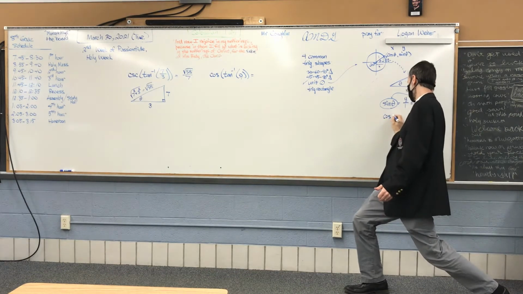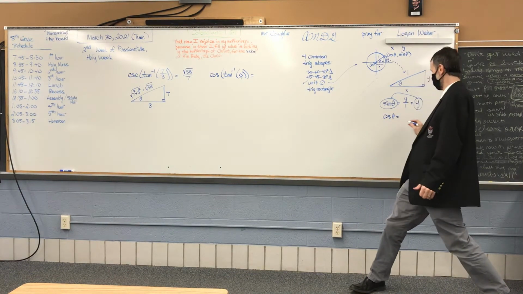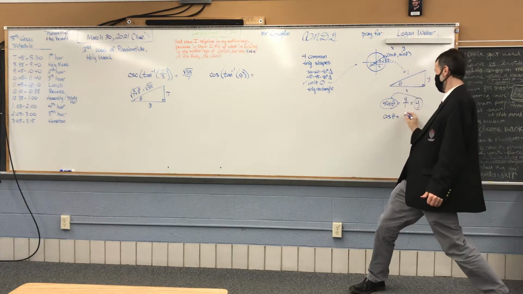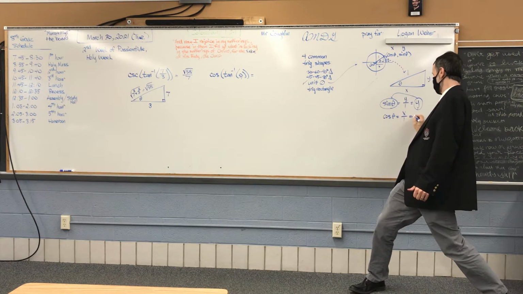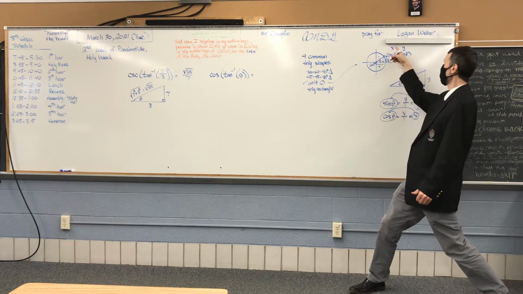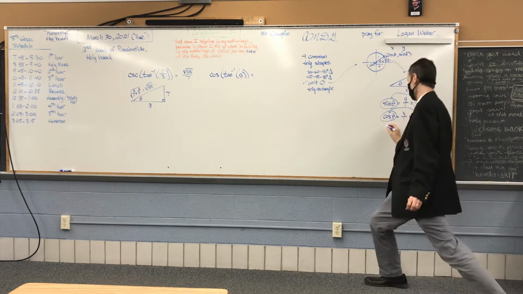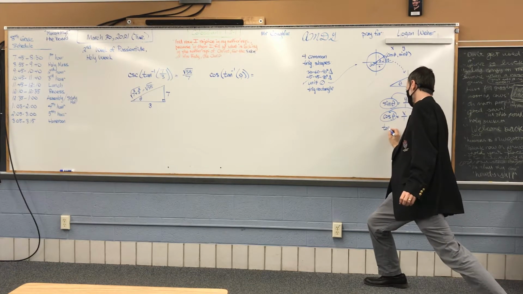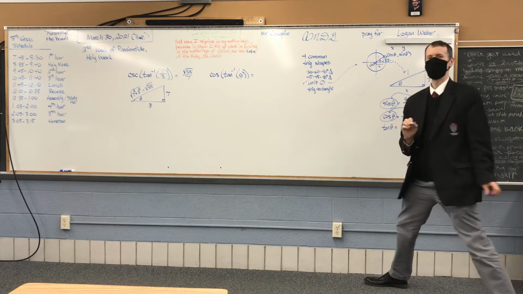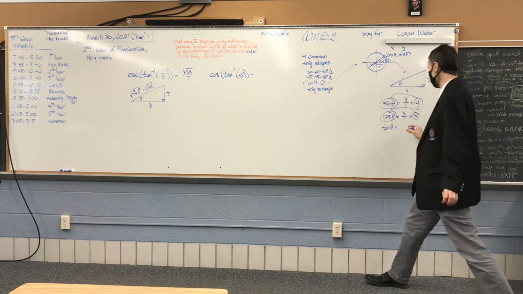Just for giggles, let's try cosine of theta. X over 1, better known as? You just discovered that x is equal to cosine of theta. That's how they discovered this. Just as an extra bonus, buy one, get one free. What's tangent? Y over x.